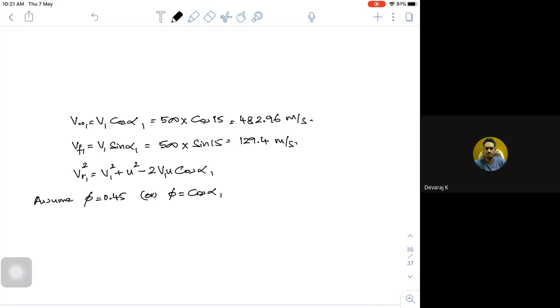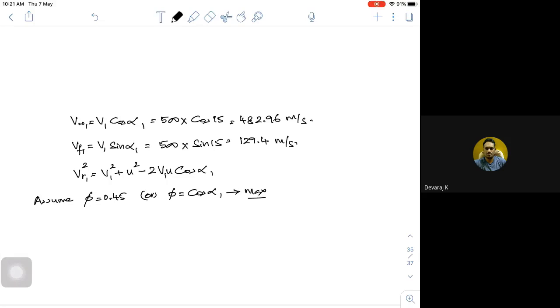Your alpha is 15, so cos 15 gives the maximum value. So 0.45 is an optimized value, but if you want the maximum value, phi will be equal to cos alpha.